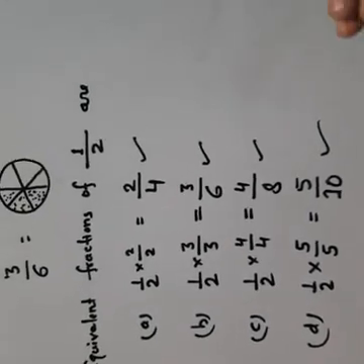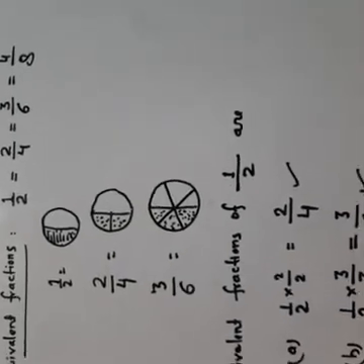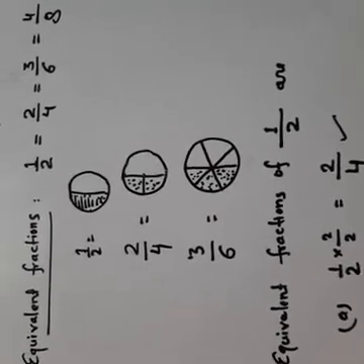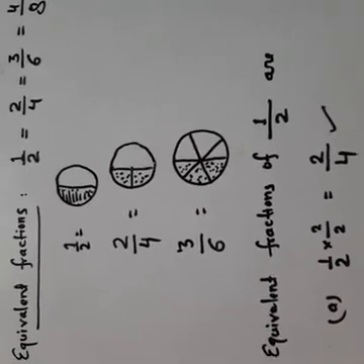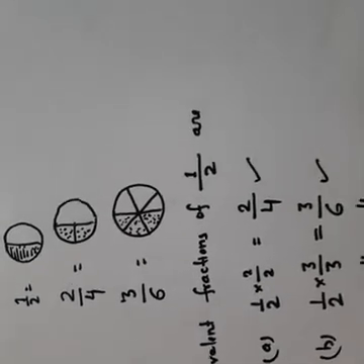Similarly, we can find equivalent fractions of other fractions also. Equivalent fractions are very important when we add two fractions or subtract two fractions. So this is very important, students.